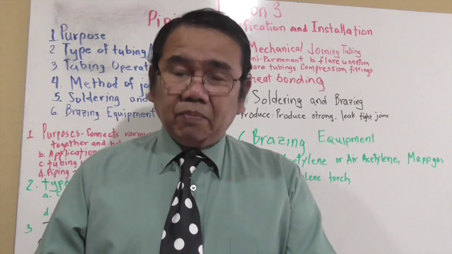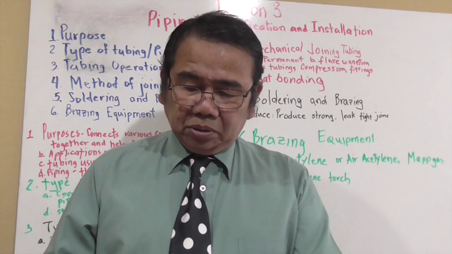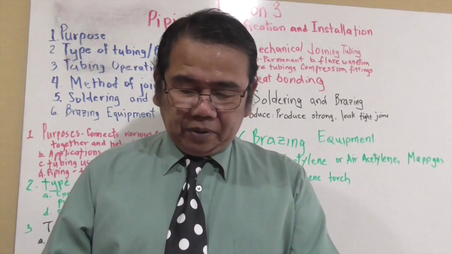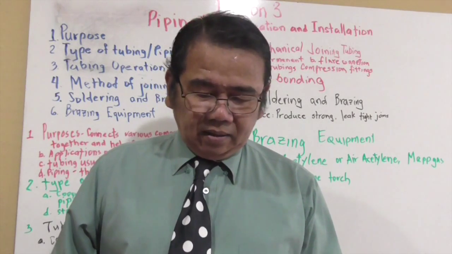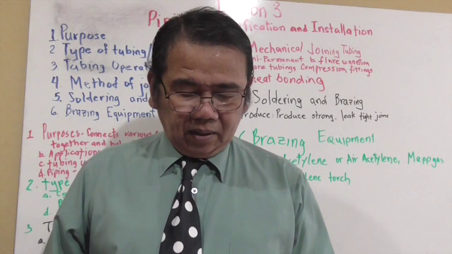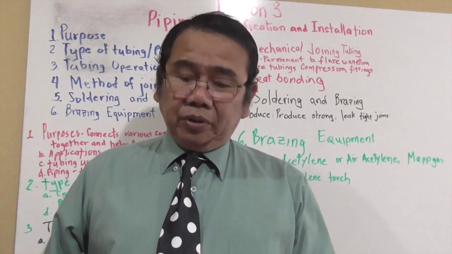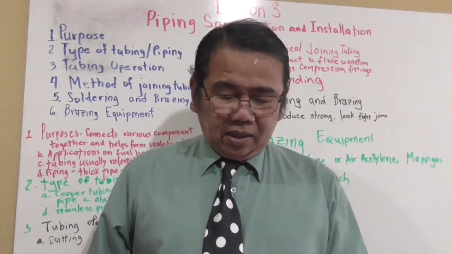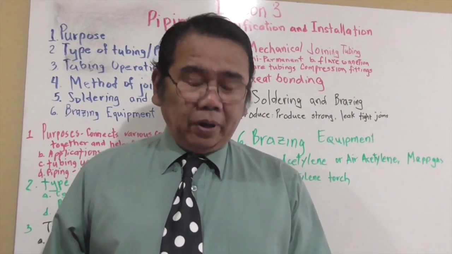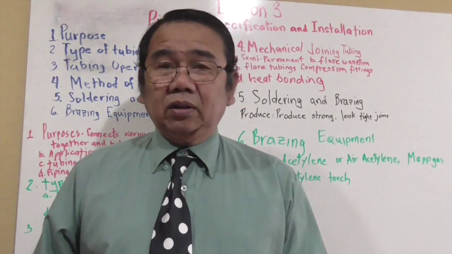Annealing is a process to soften copper by heating, bending, then cooling. Done at the factory during the manufacturing stage. Process used to fabricate an evaporator and condenser coil.